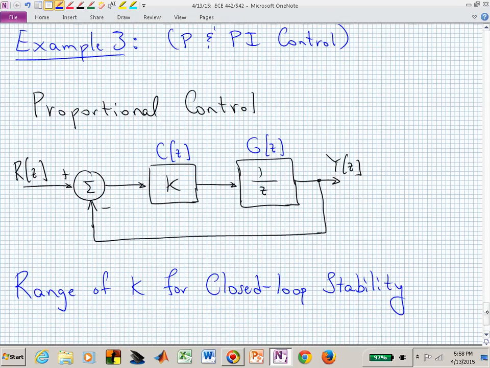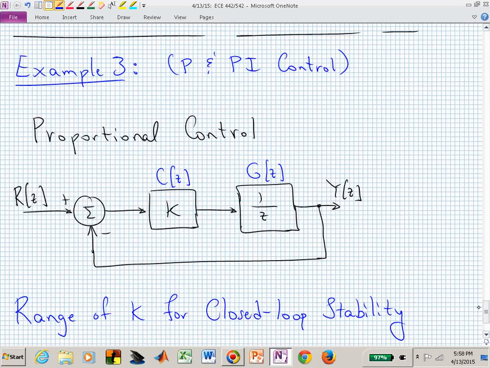Let's now look at this comparison of proportional and PI control. And we're going to do it for about as trivial of a system as you can have. This is now a discrete time system. If somebody gave this on an interview and said, here's your system, G of z, 1 over z, what does that represent?